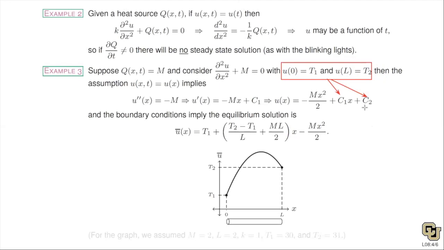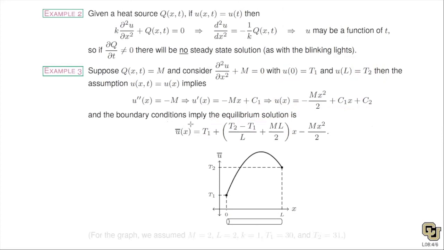You can see if X is 0, C2 is going to equal T1. So that's where this is coming from. And if X is L, there's a little bit of algebra to do, and I'll let you work that out. And so here we get this solution.